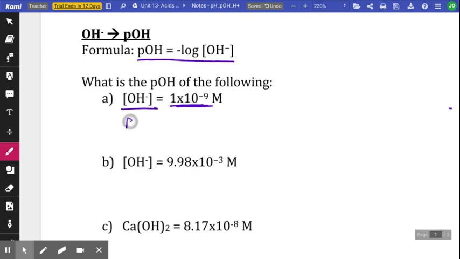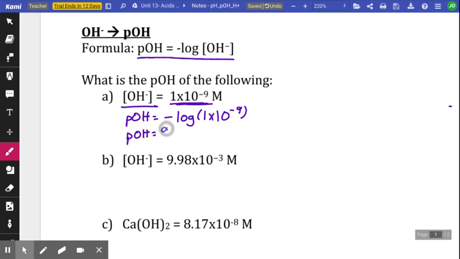So I know that pOH equals the negative log of 1 times 10 to the negative 9. I'm going to solve that. I'm going to type it into my calculator, and when I do, I'm going to end up with 9.